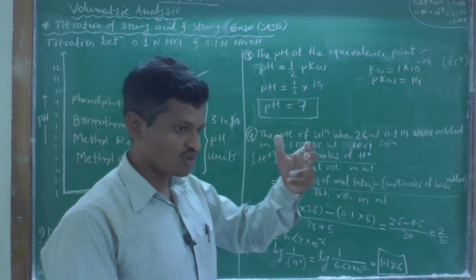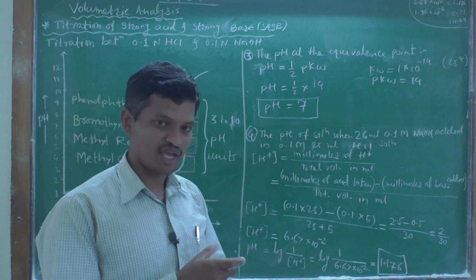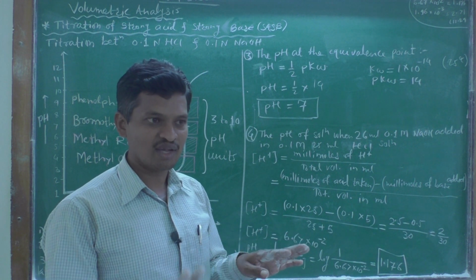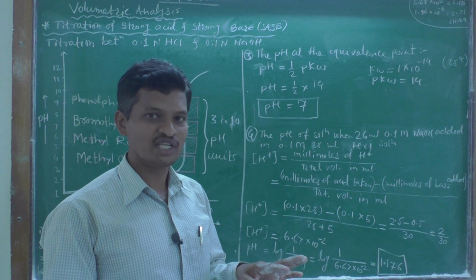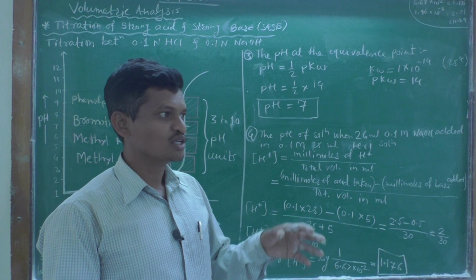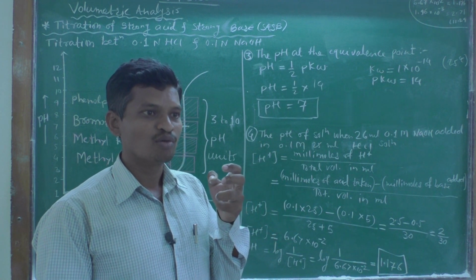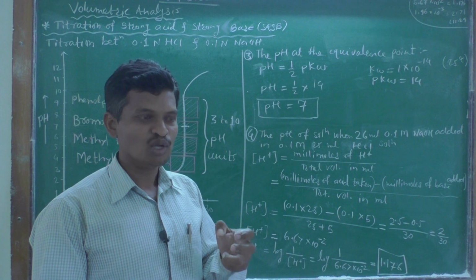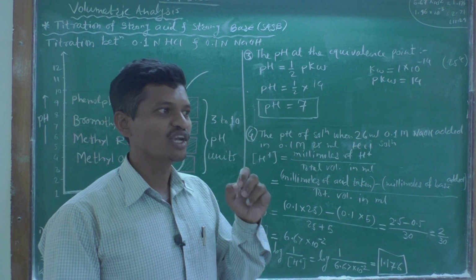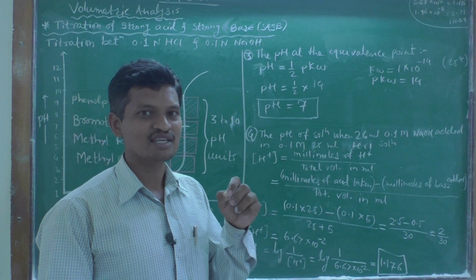We have taken 25 ml of HCl in the conical flask with the help of a pipette. Both HCl and NaOH are strong, monobasic and monoacidic. To neutralize completely the 25 ml of 0.1 normal HCl, theoretically we need 25 ml of 0.1 normal base, that is NaOH.